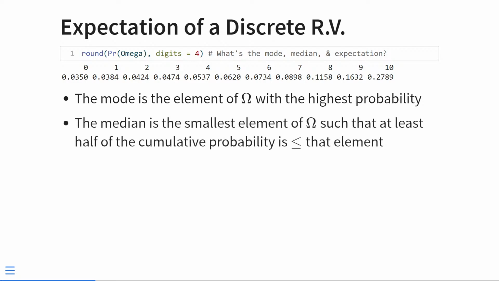Okay, so we've landed on the definition. Median can actually be defined a number of different ways, but this is how we're going to define it, which is the most common in this situation. Median is the smallest element of omega such that at least half the cumulative probability is less than or equal to that element, and consequently at most half is strictly greater than that element.